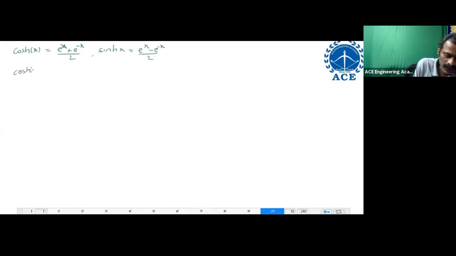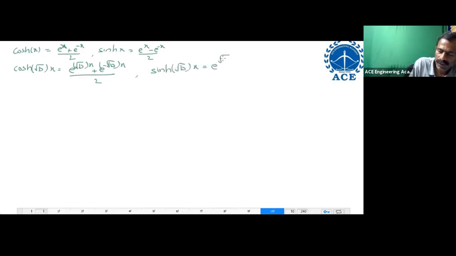Like this, cosh root b x equals e power root b x plus e power minus root b x divided by 2. Next, sinh root b x equals e power root b x minus e power minus root b x divided by 2.